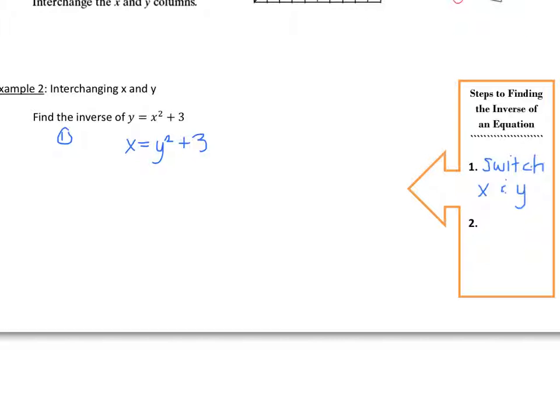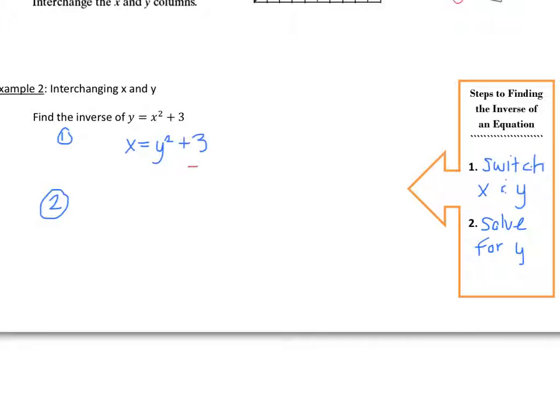Next step is, like we would normally do, we need to get y by itself. So solve for y, or get y equals, however you want to say it. All right, so if I'm supposed to get this y by itself, let's move the 3 first.